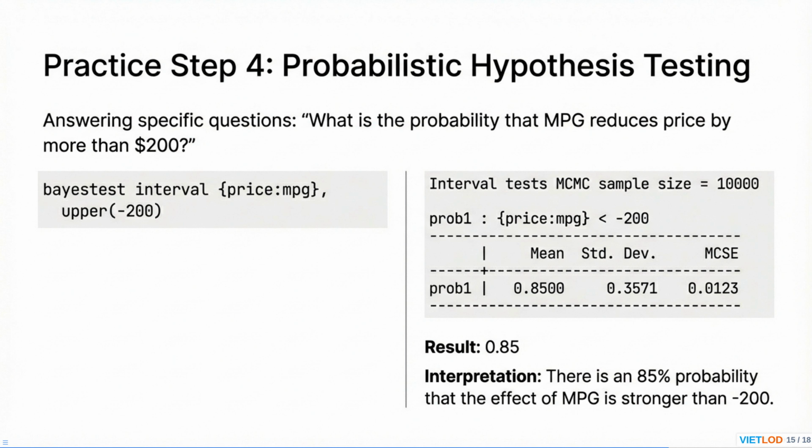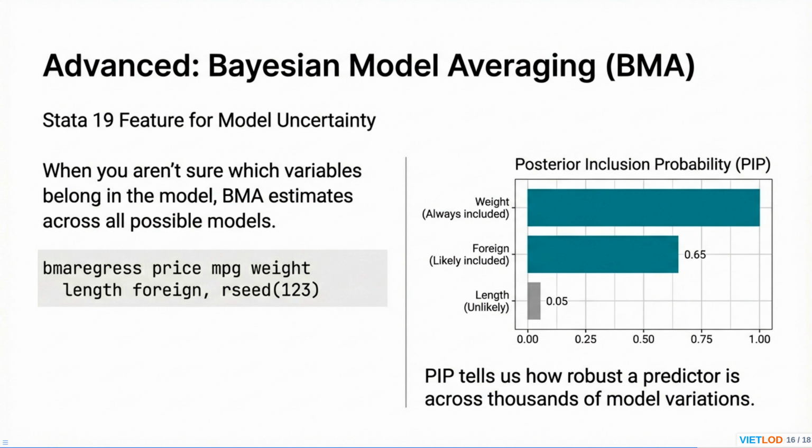This translates to testing if the coefficient for MPG is less than -200. To do this, we use Stata's bayesTest interval command, specifying the parameter for price related to MPG and setting an upper limit of -200.